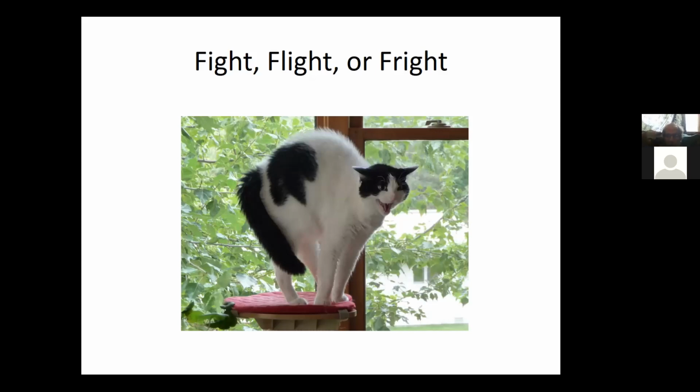And part of the redistribution of blood supply has to do with differential distribution of alpha and beta receptors.